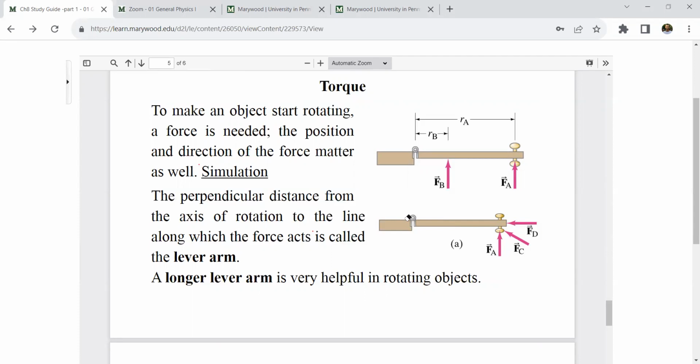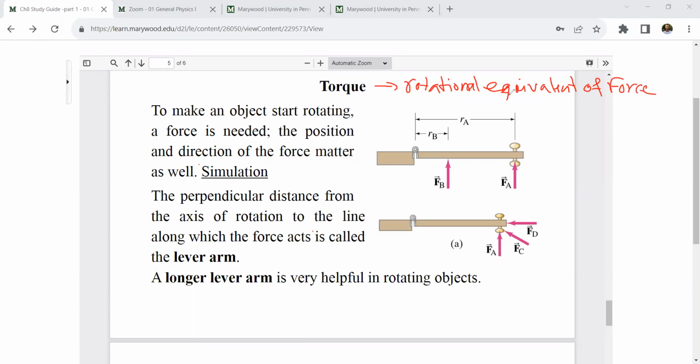Now we already learned about force earlier, right? Similar to force, we have an angular equivalent of force that we call torque. So torque, which we are going to learn, is basically the angular or rotational equivalent of force.